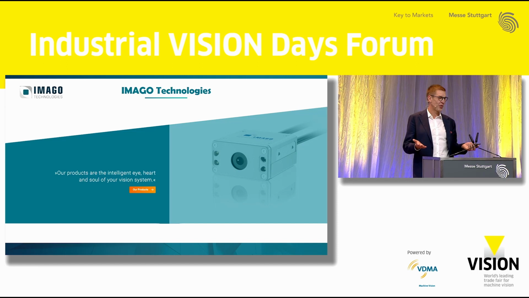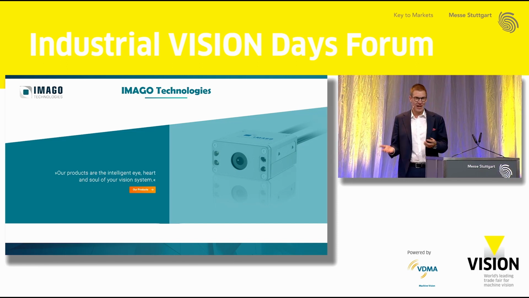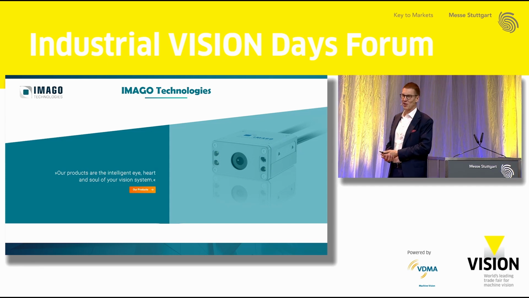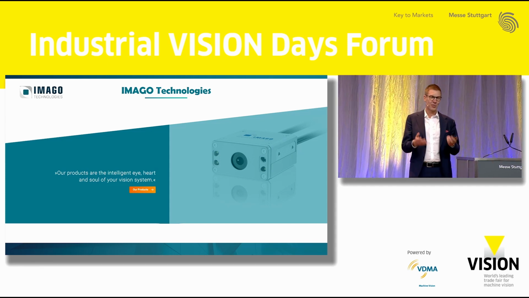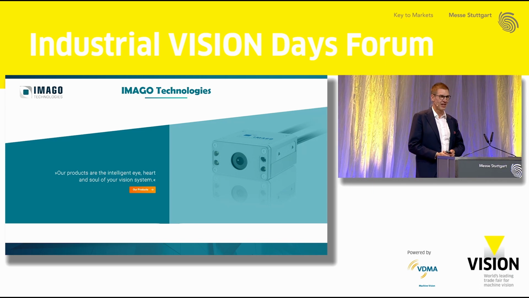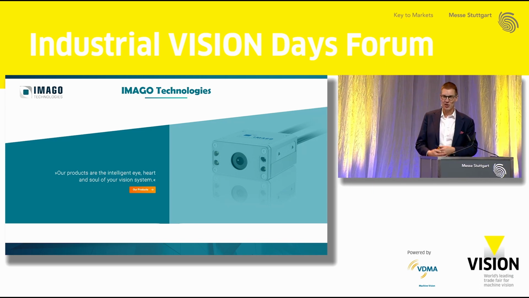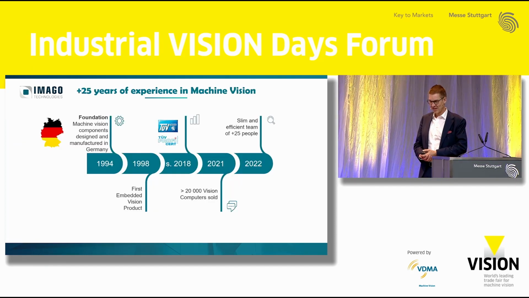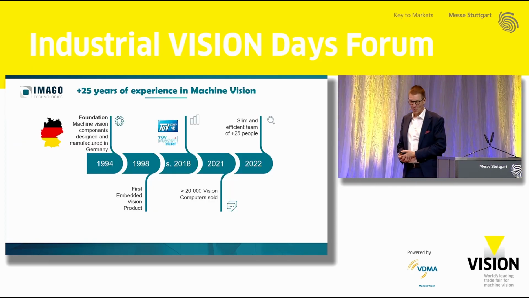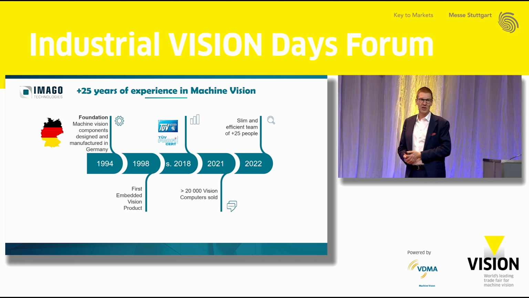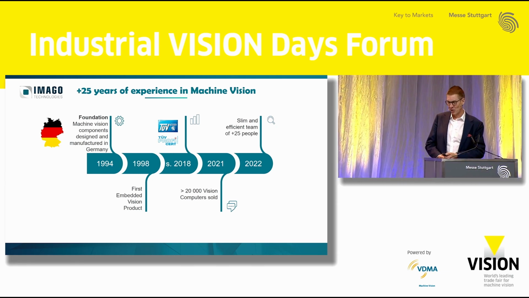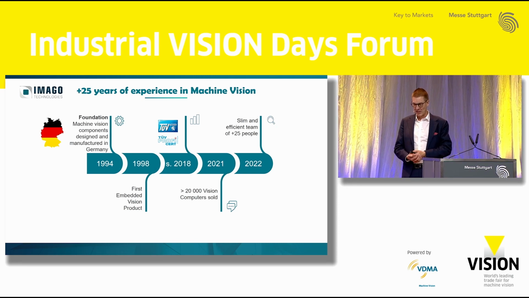Your software needs to run on a piece of hardware, a specific piece of hardware. So our intention is to provide the best hardware solution for your machine, for your device. The company IMAGO Technologies was founded by myself in 1994, a former company.